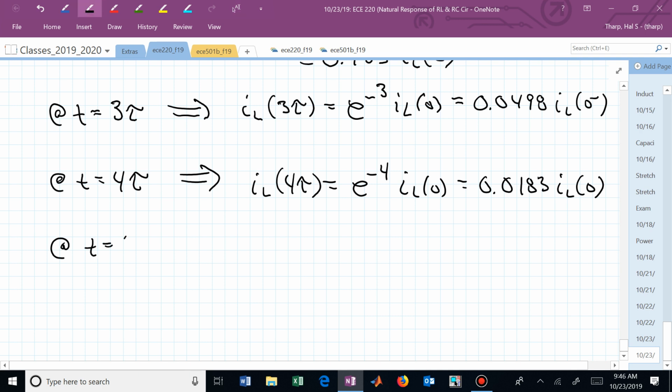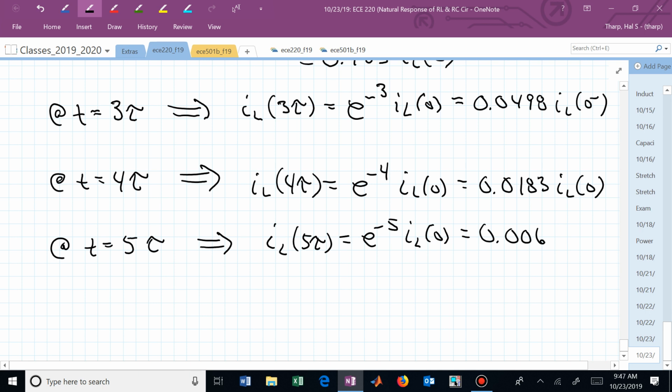Now at 5 time constants, we're at the 1% mark. And this actually is a little bit less than 1%. It's 0.0067 I sub L, but it's generically referred to as the 1% settling time.